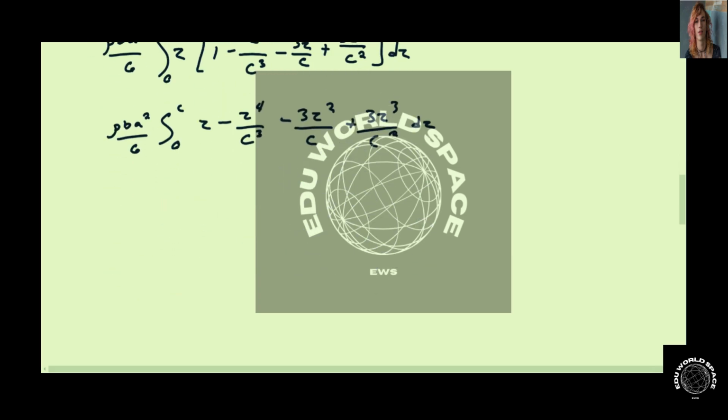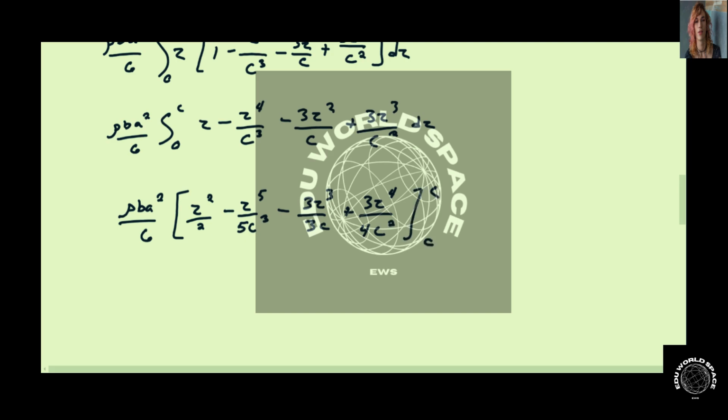Okay. So now we can just solve for what we have. 6. And we have z squared over 2, minus z fifth over 5c cubed, minus 3z cubed over 3c, plus 3z fourth over 4c squared, from c to 0. And obviously this connects out.